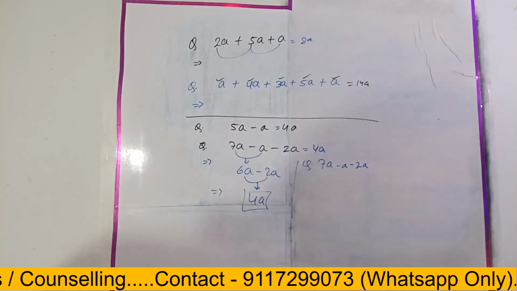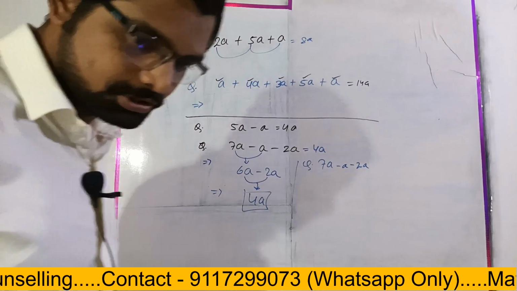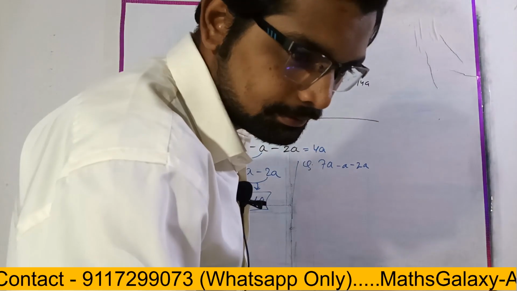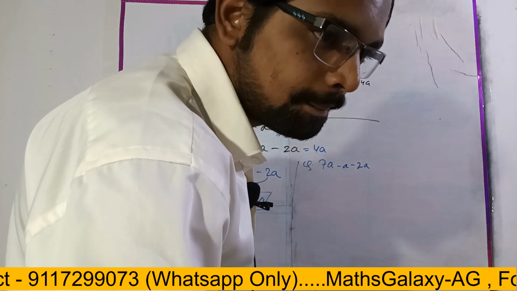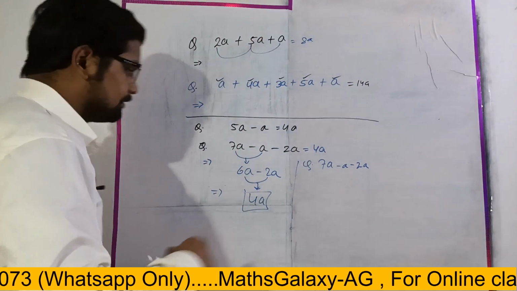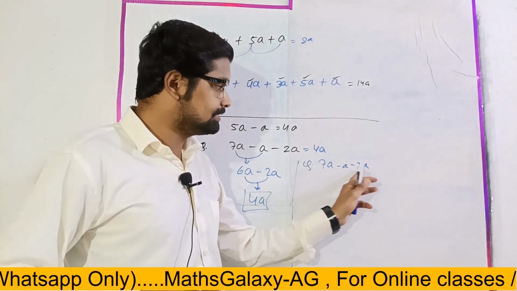Let's see another way we can solve the same question. See, 7a minus a minus 2a.